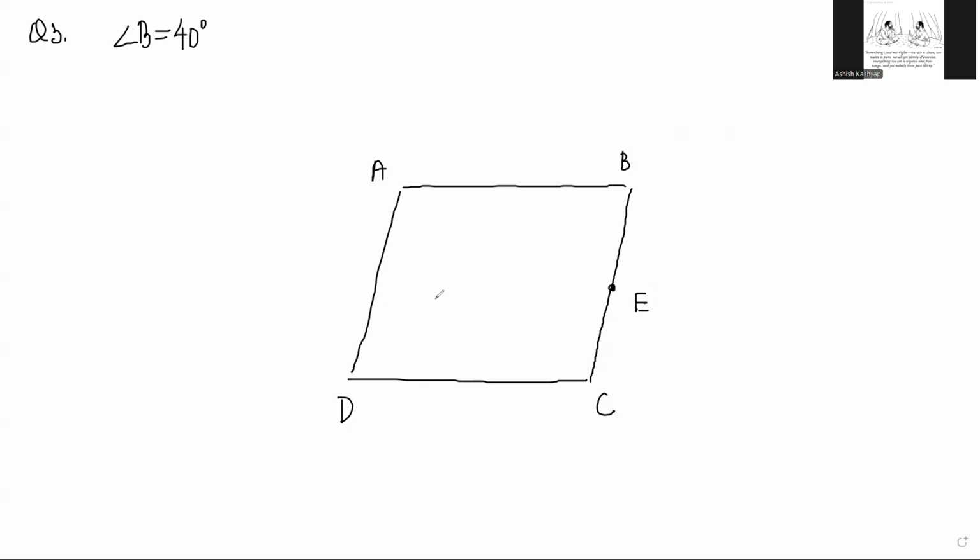F is the foot of the perpendicular. So first we join DE, and F is the foot of the perpendicular dropped from A to DE. Okay, our job is to find the angle DFC, right?